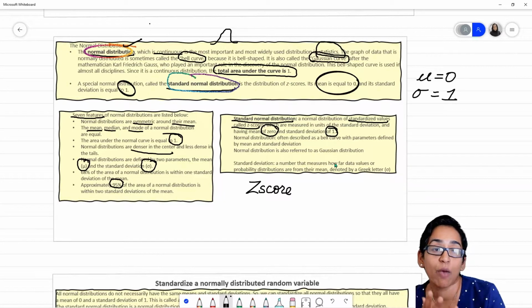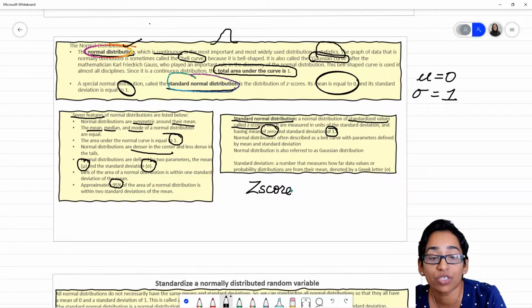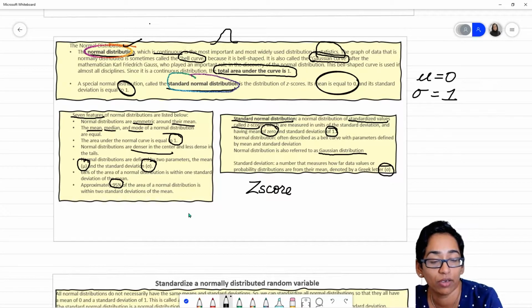If I ask you how many miles you are from school, you will tell me 12 miles, 7 miles, 8 miles, right? So a z-score is a distance in terms of standard deviation. If my z-score is 1, that means I'm 1 standard deviation away. If my z-score is 2, that means I'm 2 standard deviations away. There is a formula to find the z-score, which we will be looking at in a minute. Normal distribution is also referred to as Gaussian distribution. We saw that. It's denoted by the Greek letter sigma.